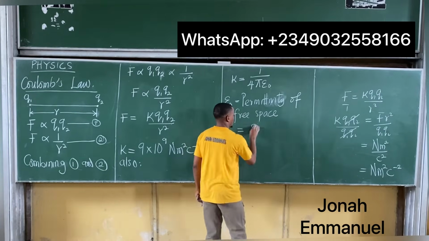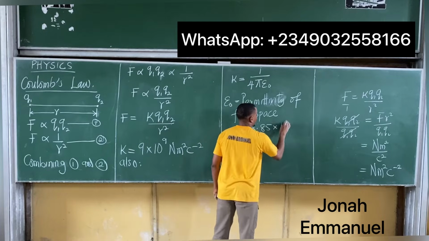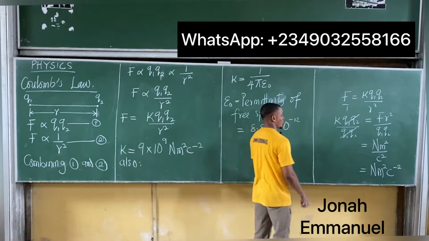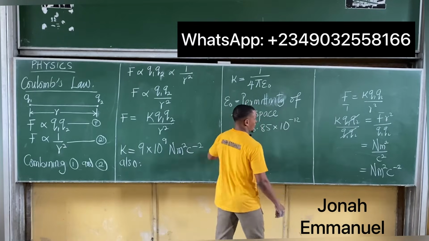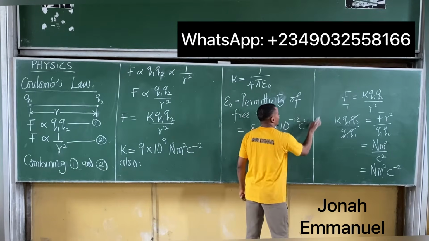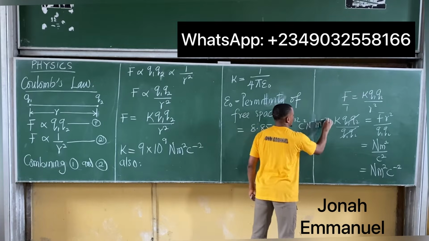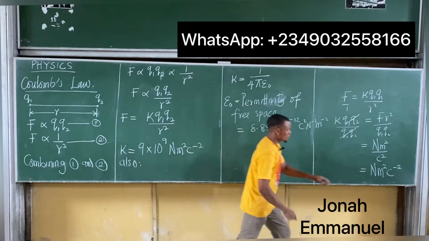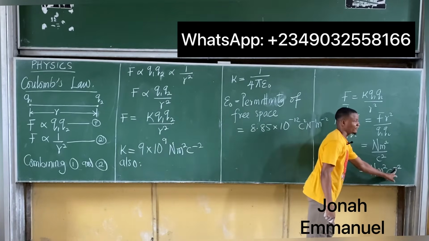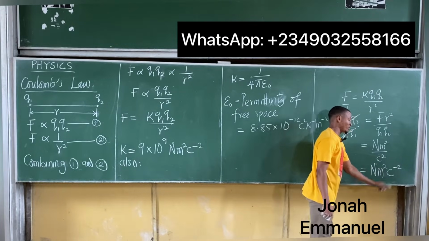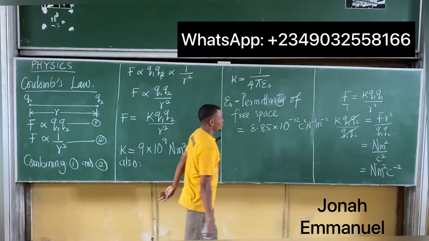That's about 8.85 times 10 to the power minus 12. Your unit is just the inverse. This is the inverse of K, so it becomes Coulomb squared per Newton per meter squared. Please, just put minus 2 here, so it becomes positive: Coulomb squared, Newton to the minus 1, meter to the minus 2. So that's your unit for this.